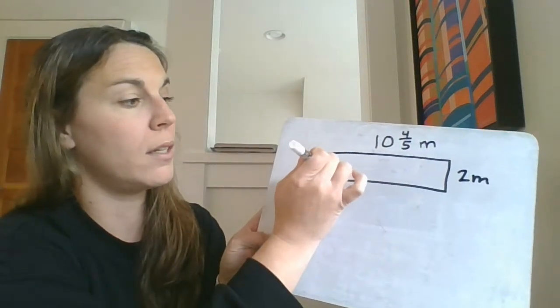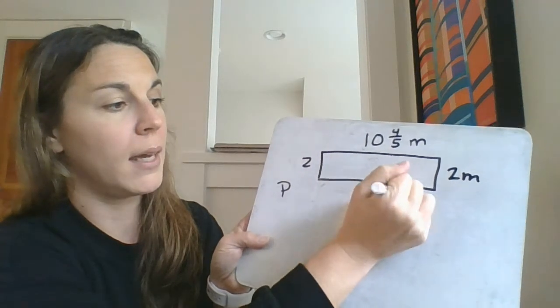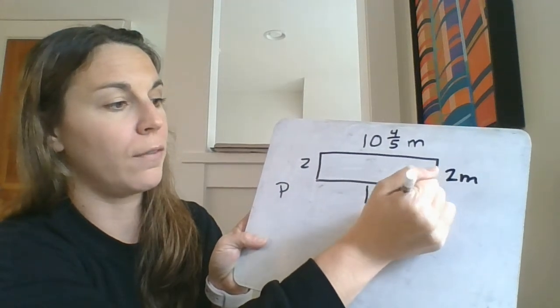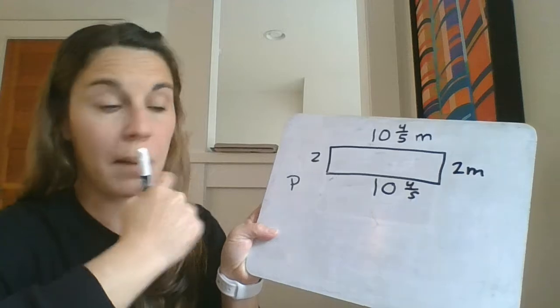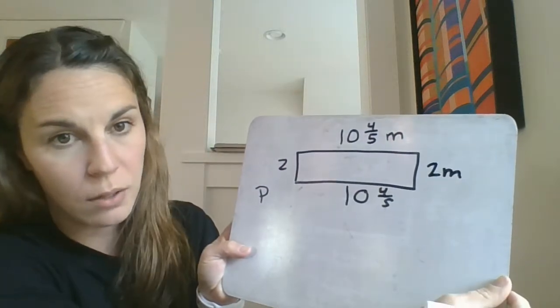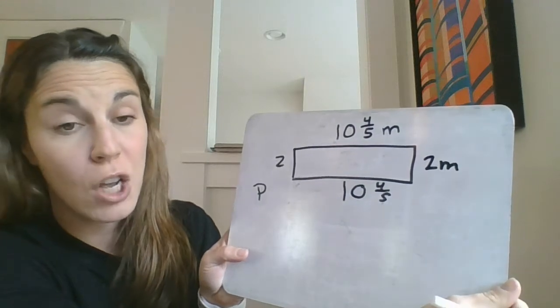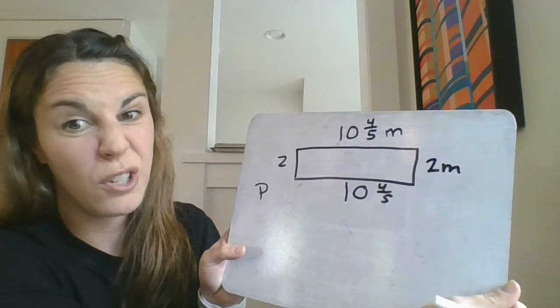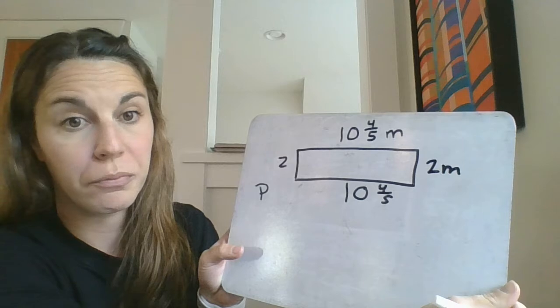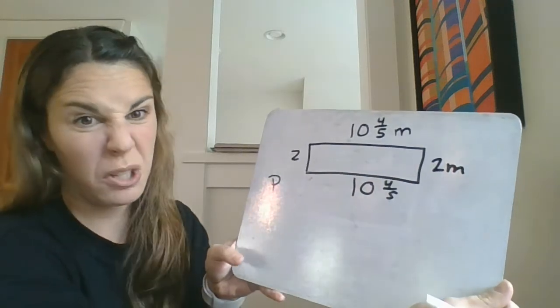So this is going to be 2, and this is going to be 10 4/5. Okay, now 2 and 2 is easy. I know we can do that one in our head, which is 4, but it's going to be this 10 4/5. So you can either add that or you could just do it times 2. I'm going to do it times 2.